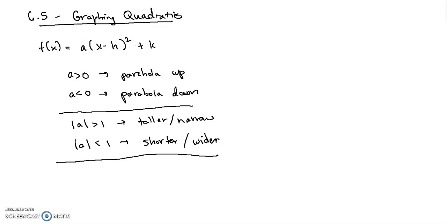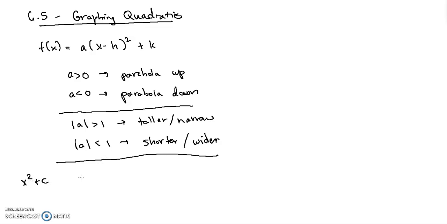The h and the k, remember those told us the shifting, left, right, up, and down. Let me take it away from the h, k for just a second. So remember, we did this one first, where you're adding on the outside.